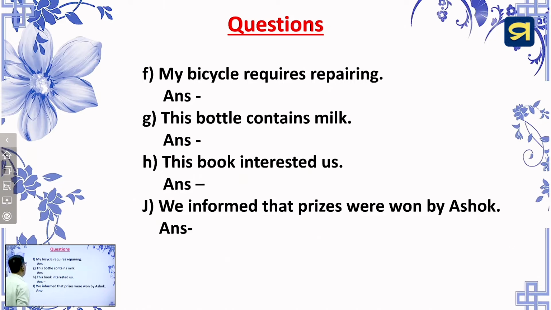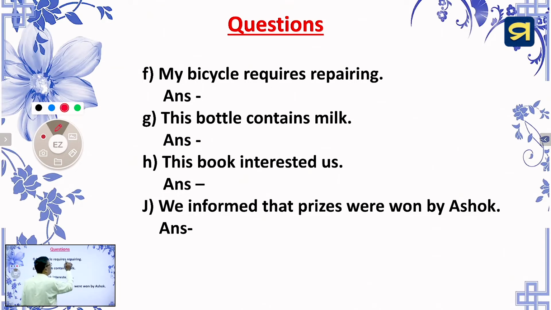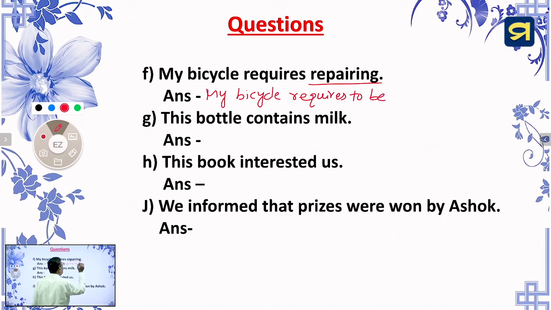Then another one. My bicycle requires repairing. Okay? Here repairing is also used as a gerund. Change it. Very good. My bicycle requires to be, to followed by be, then the third form of repair, repaired.